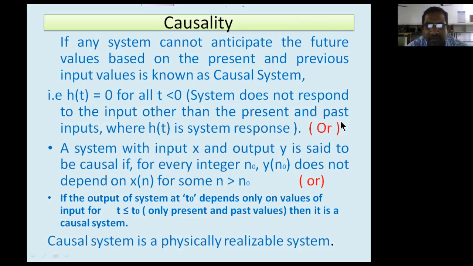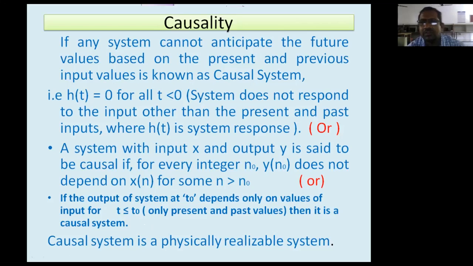Another definition I can give is this. If the output of a system at T naught depends only on the values of input for T less than or equal to T naught.